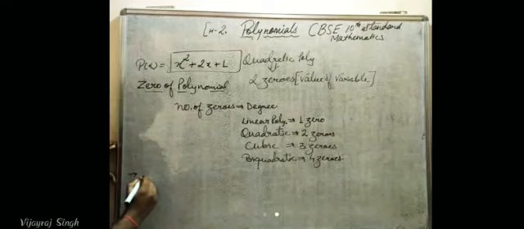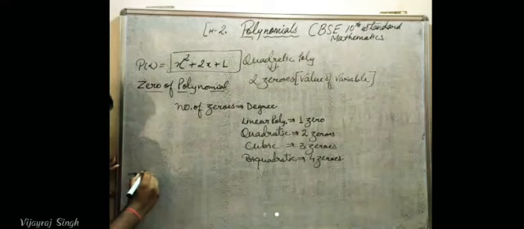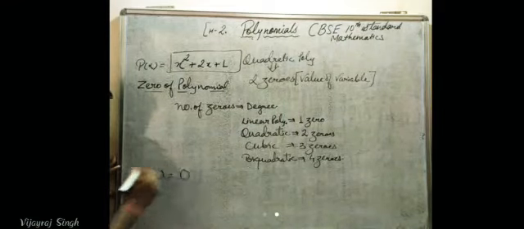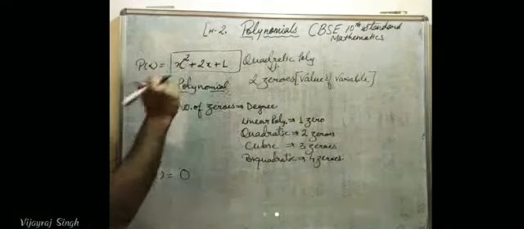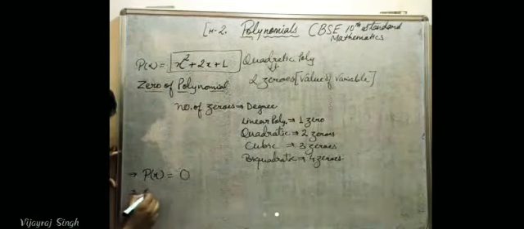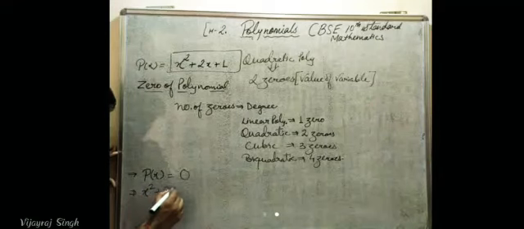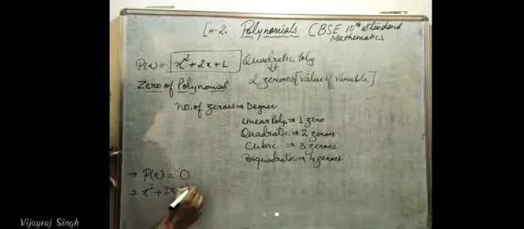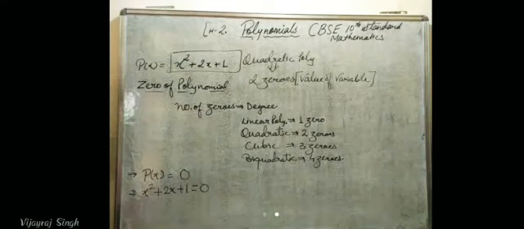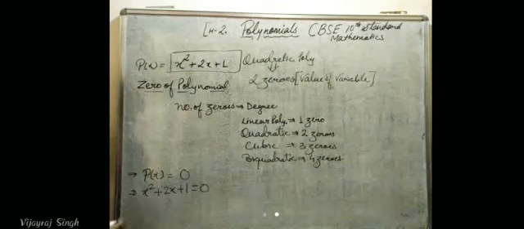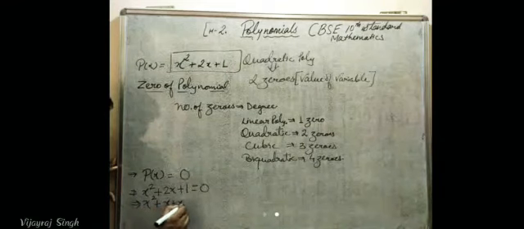Here we will equate this polynomial to 0. So our polynomial is x square plus 2x plus 1, it will be equal to 0. So we can factorize this and we can find out x square plus x plus x plus 1 equal to 0.